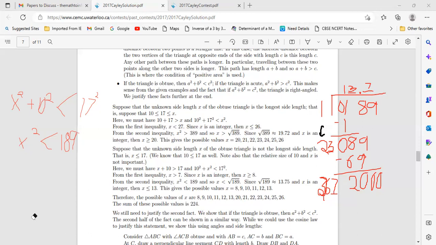And then we subtract 267 times 7, which is 1,869, from 2,000. And we get 131.